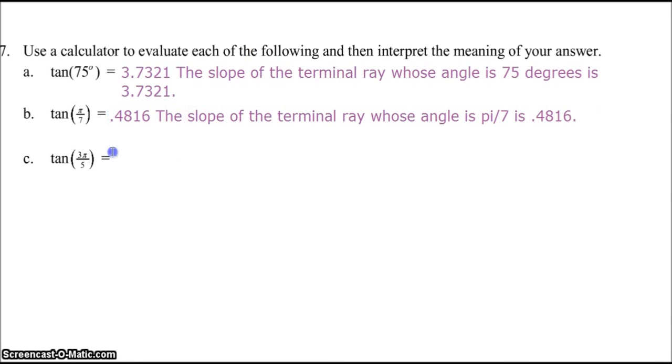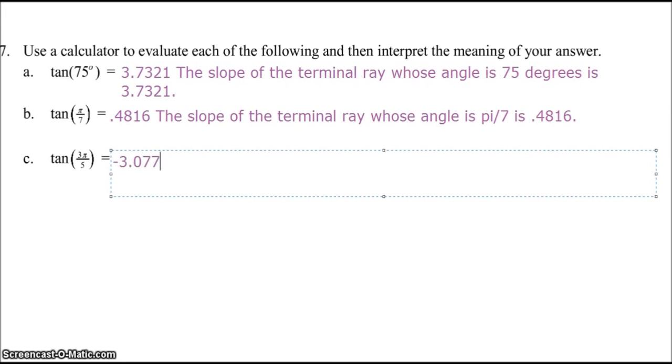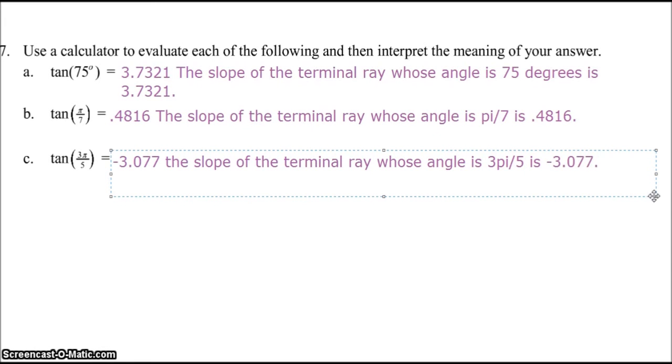Here we need radian mode again. Type this one in your calculator. You should get about negative 3.077. So the slope of the terminal ray whose angle is 3 pi over 5 is negative 3.077.